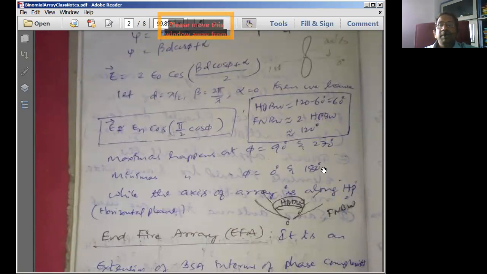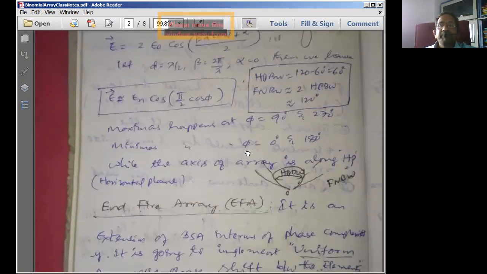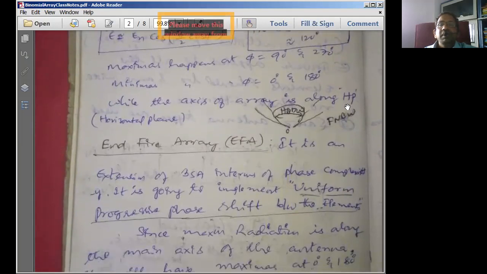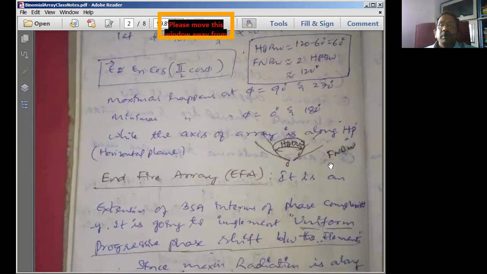So if the axis of the antenna is simply horizontal, then we got this radiation. For this particular broadside type of array, while the axis of the array is along the horizontal plane, the radiation we have got like this. And we have found out the half power beamwidth values also.